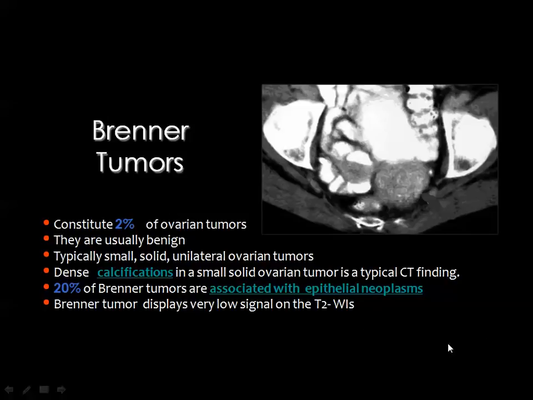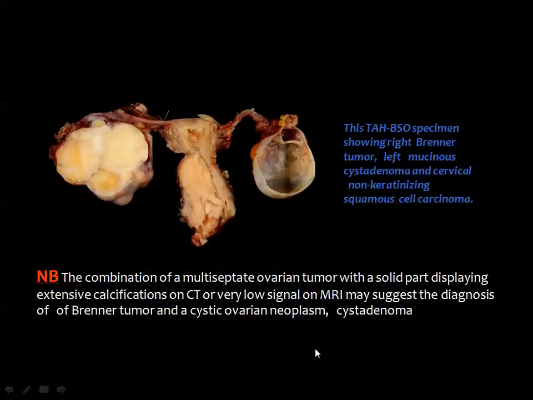And many times, the Brenner tumors will display a low signal on T2 weighted image, and they may simulate the ovarian fibroma.